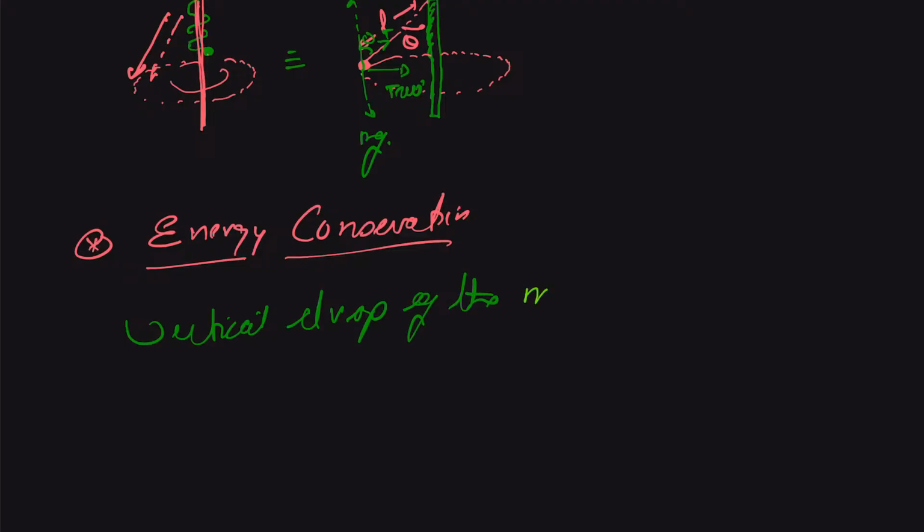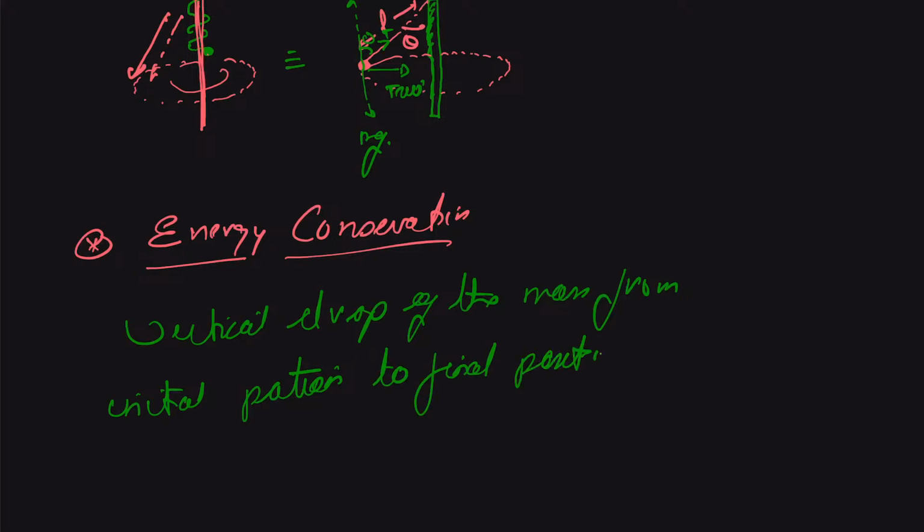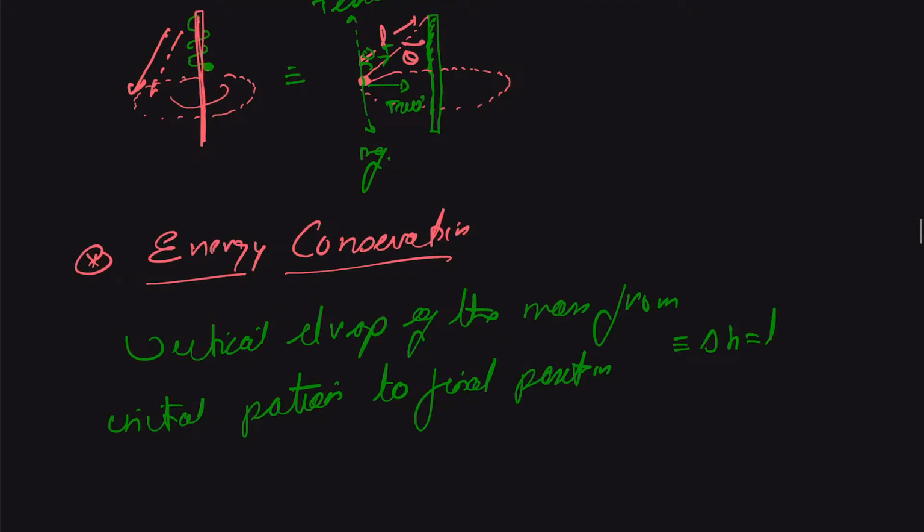Let us suppose this vertical drop is represented as delta H. Then this delta H will be equal to L cos theta.